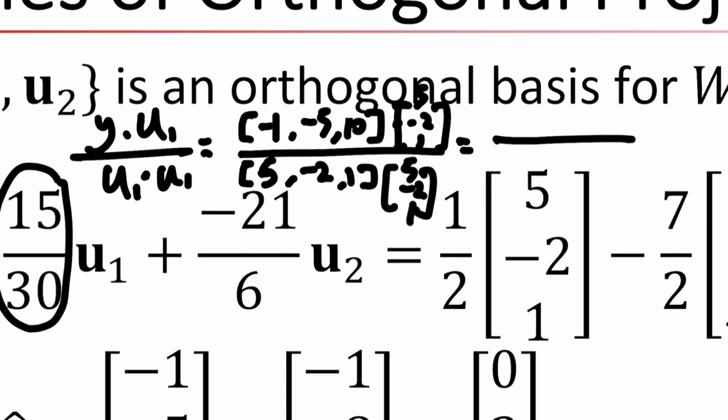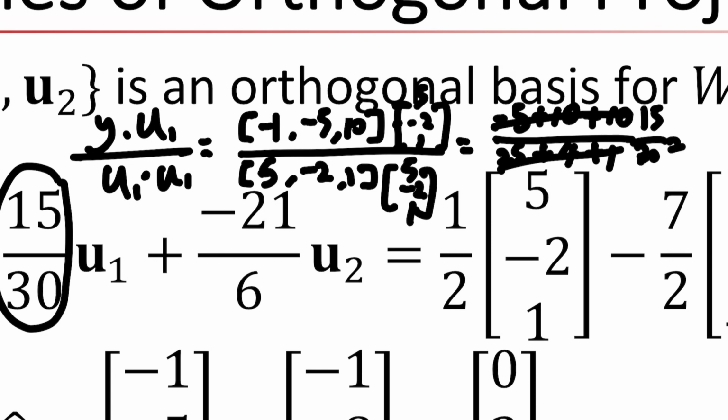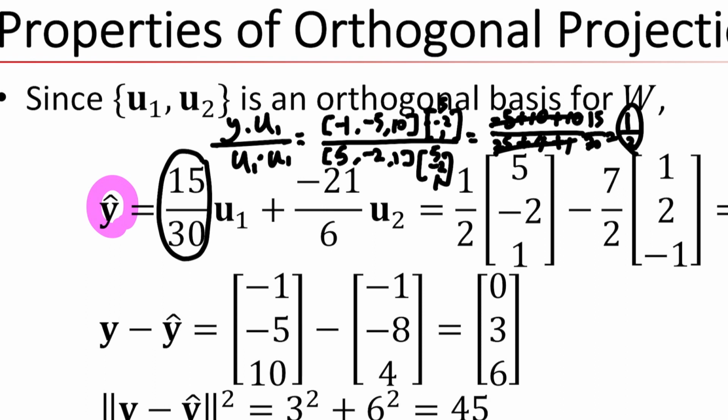Anyway, this term will be -5 plus 10 plus 10, and 25 plus 4 plus 1, so it will be 50 over 30 with the 13 and will be 1 over 2. Okay, so this term is 1 over 2.